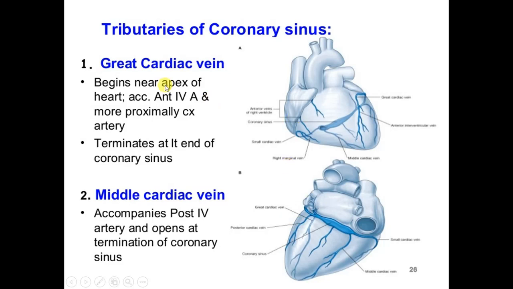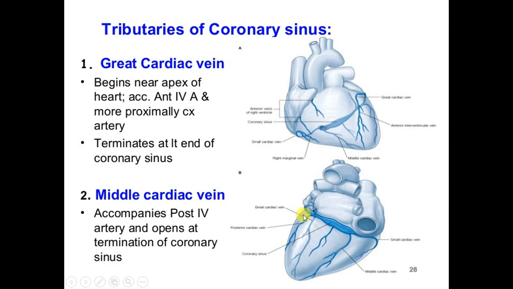So tributaries: here we see the great cardiac vein. The great cardiac vein is the vein in the anterior interventricular groove. It begins near the apex, runs upward along the anterior interventricular artery, or more proximally the crux artery, and terminates in the coronary sulcus.